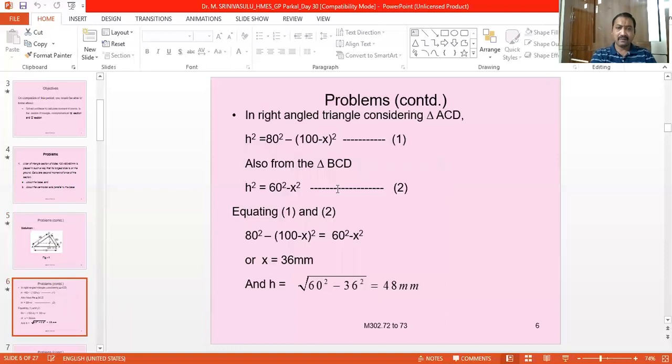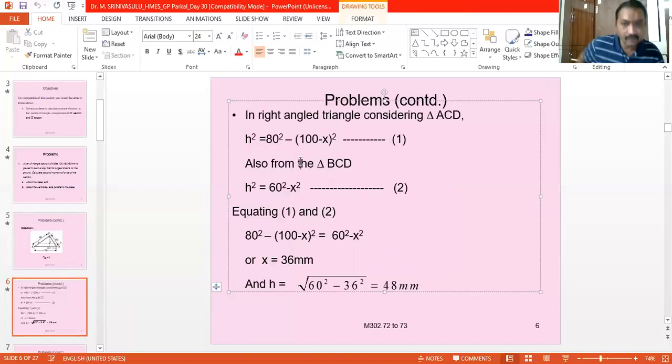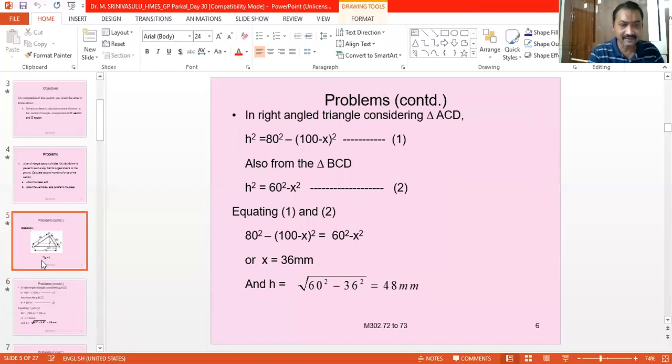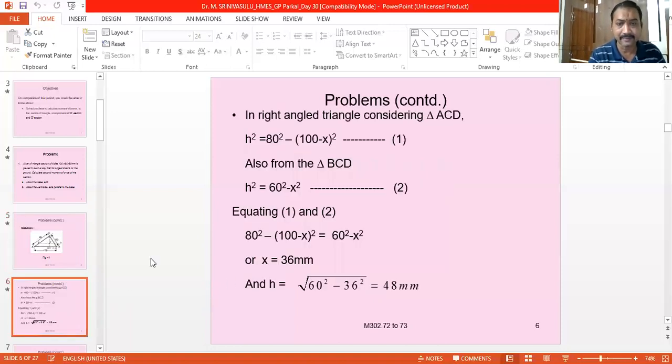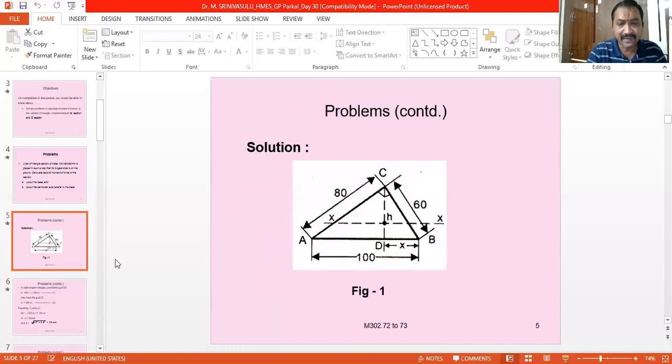So H square, that means CD square, is nothing but AC square minus AD square. Here AD is 100 minus X. So H square is equal to AC square minus (100 minus X) whole square. So this is the first equation that we got. Now consider the triangle BCD. Here H square is equal to BC square minus BD square.